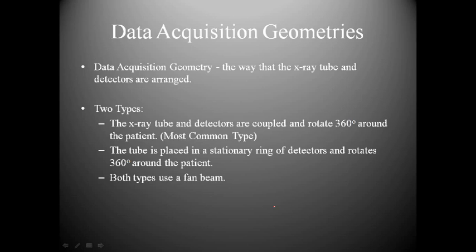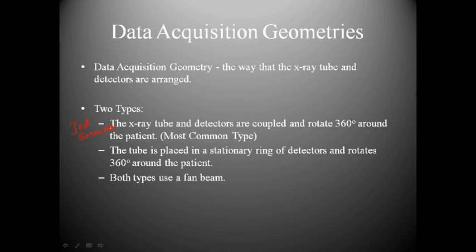So, data acquisition geometries. Data acquisition geometries is the way that the X-ray tube and the detectors are arranged. We see that there are two types. One being the X-ray tube and the detectors are coupled and rotate 360 degrees around the patient. And so we know this to be third generation.